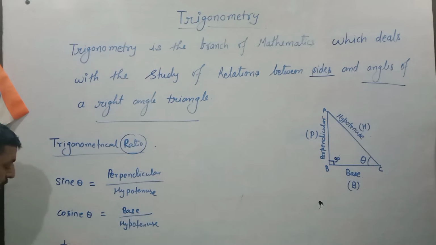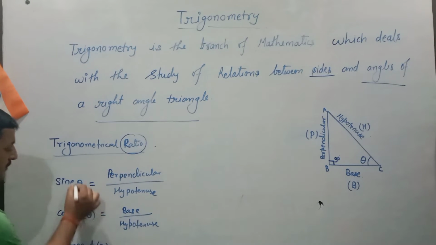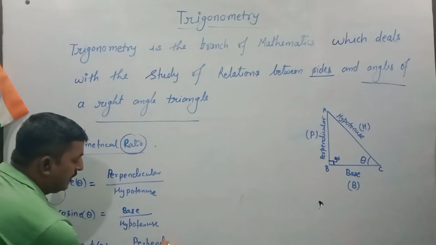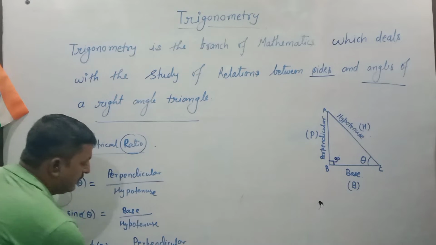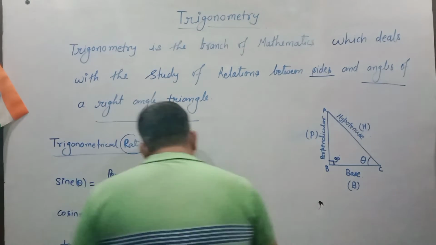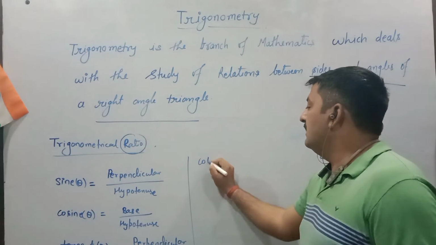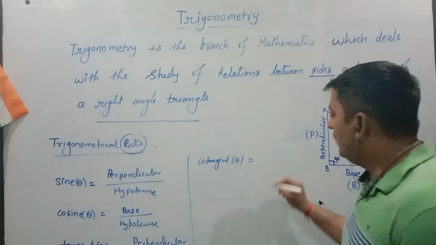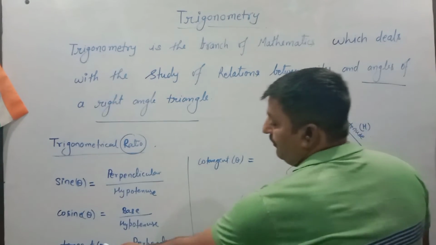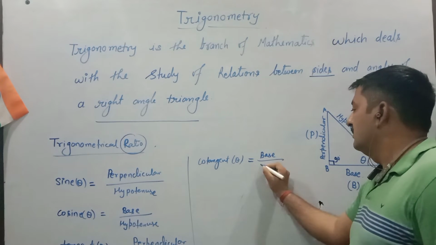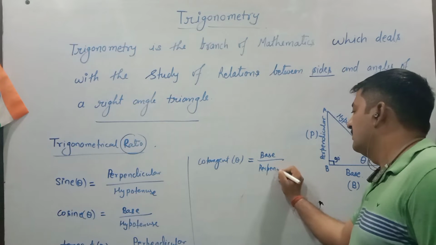Another trigonometric ratio is tangent of theta, which is equal to perpendicular upon base. Next, cotangent of theta is the reciprocal of tangent, that is base upon perpendicular.